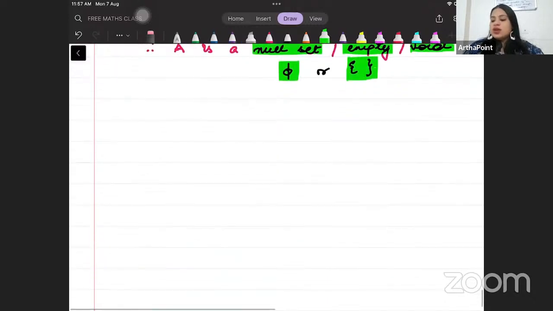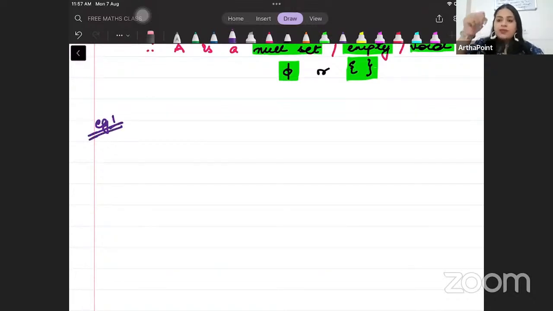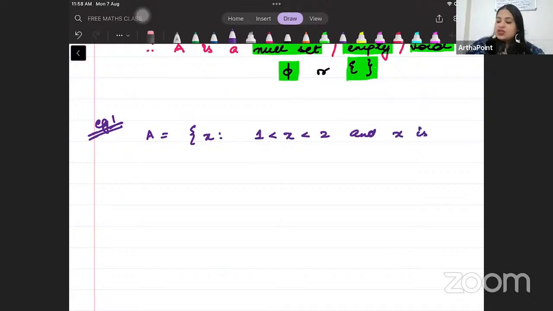Okay. So let us take a few examples of empty set. Example number 1. I am saying let A be the set such that x is between 1 and 2, and x is a natural number. तो बेटा natural numbers क्या होते हैं? 1, 2, 3, 4. ठीक है, ये natural numbers हैं.